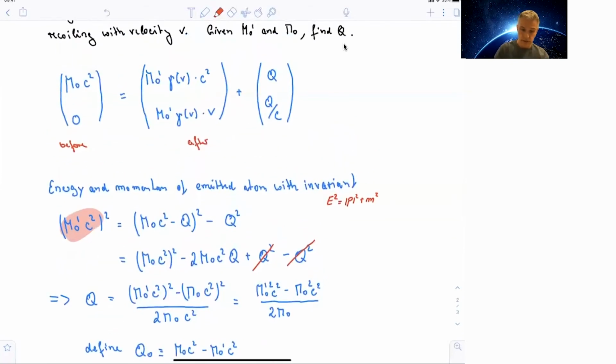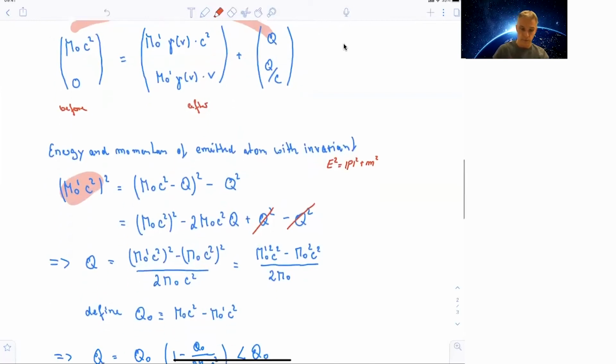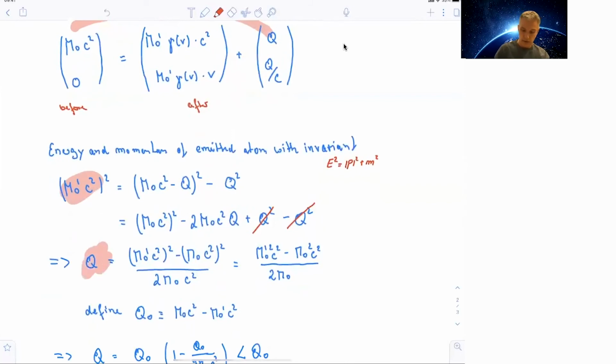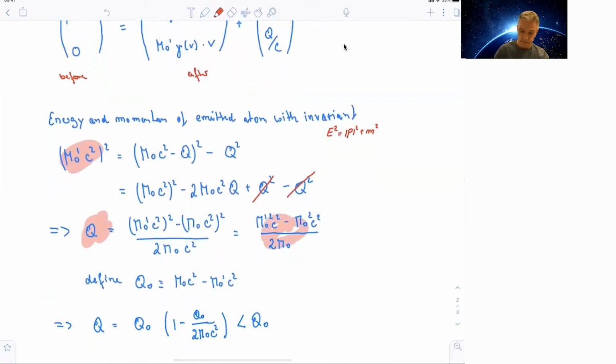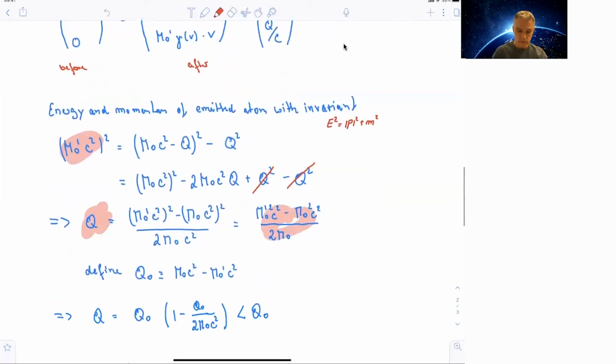The energy squared, you just bring this over here, is m0 c squared minus q, squared. And then the momentum of this new particle is simply q squared. This you can now solve for q, and you find this relation here. Okay, so that's the energy of the outgoing photon.